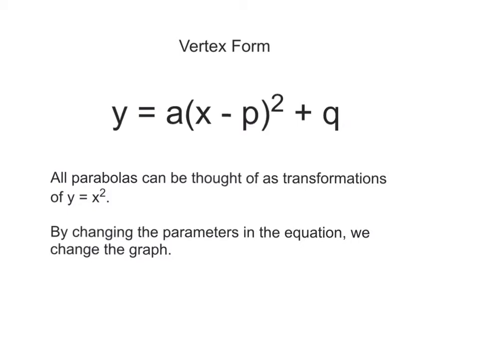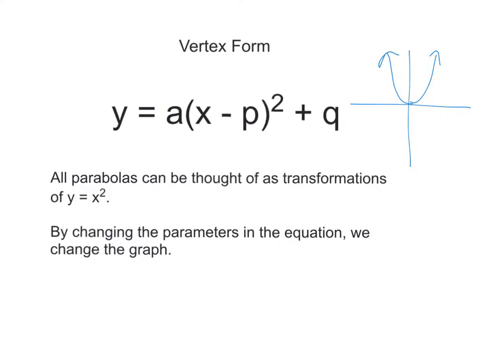All parabolas can be thought of as transformations of y equals x squared. So y equals x squared is the very first one that we looked at. It's a parabola with its vertex at (0, 0), and it opens up. That's basically what y equals x squared is. If we change the parameters, which are the a, p, and q in the equation, we change the way the graph looks.